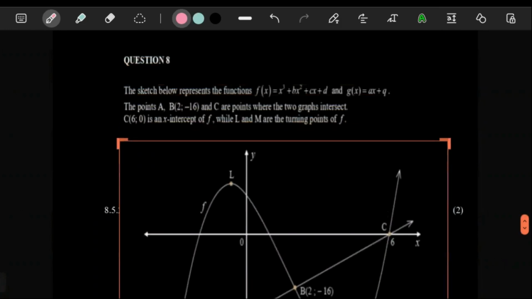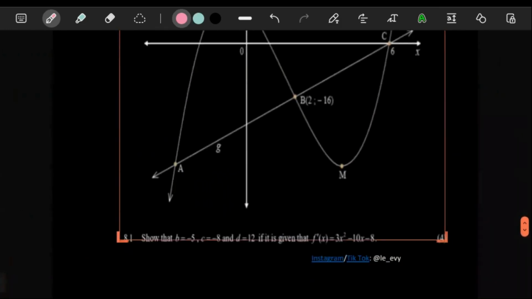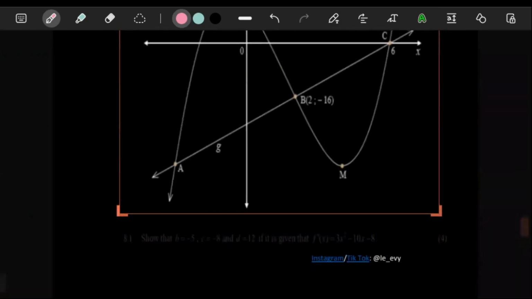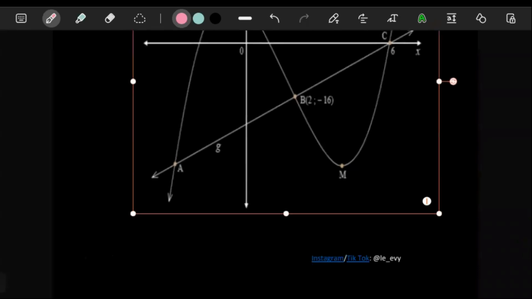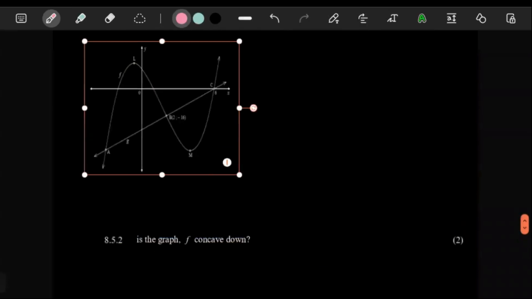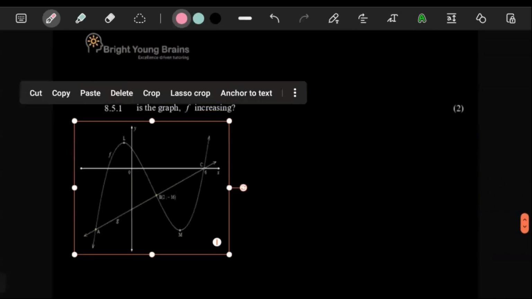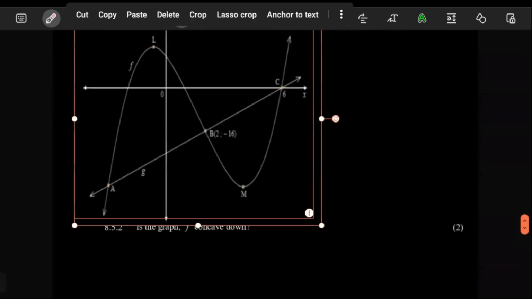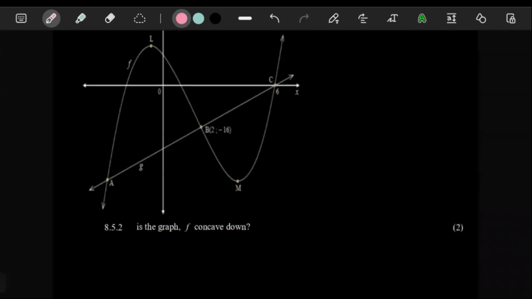You literally have to focus on something specific on the sketch. As long as you focus on the correct portion of the sketch, you can answer these kinds of questions 100% of the time. For a graph, in terms of where it's increasing or decreasing, it's all about how the y values are behaving.